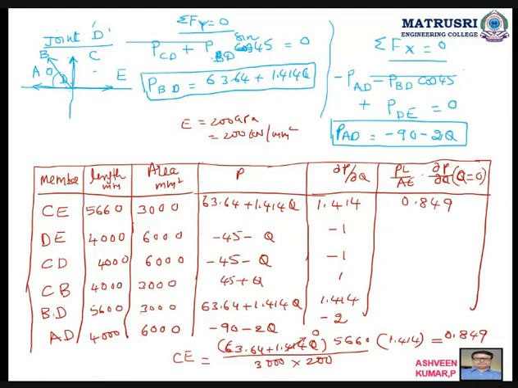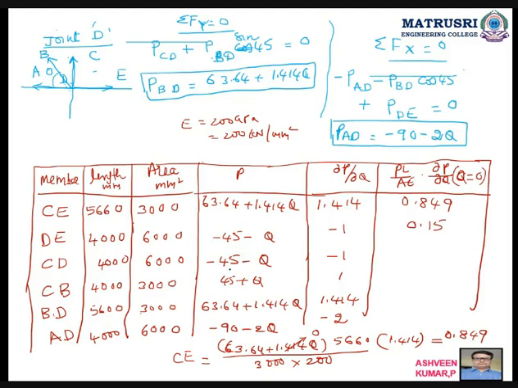Don't take these Q's now here. Minus 45. Please listen. Minus 45 into 4000 into minus 1 divided by A, which is almost 6000 into 200. We'll get some value here, 0.15.